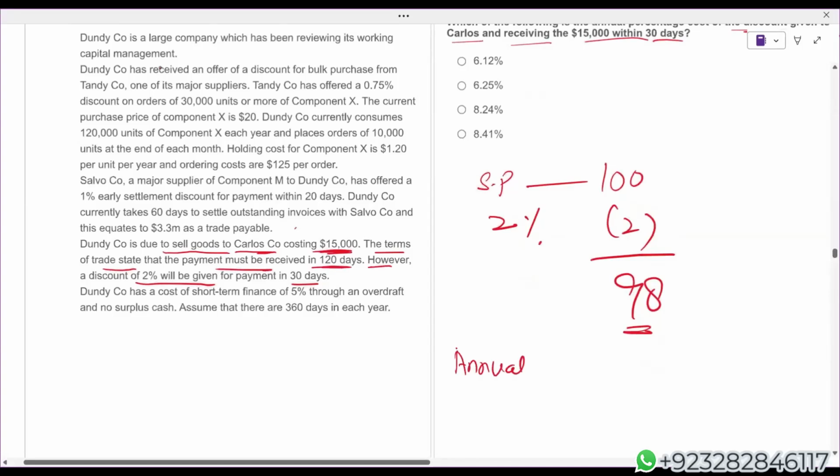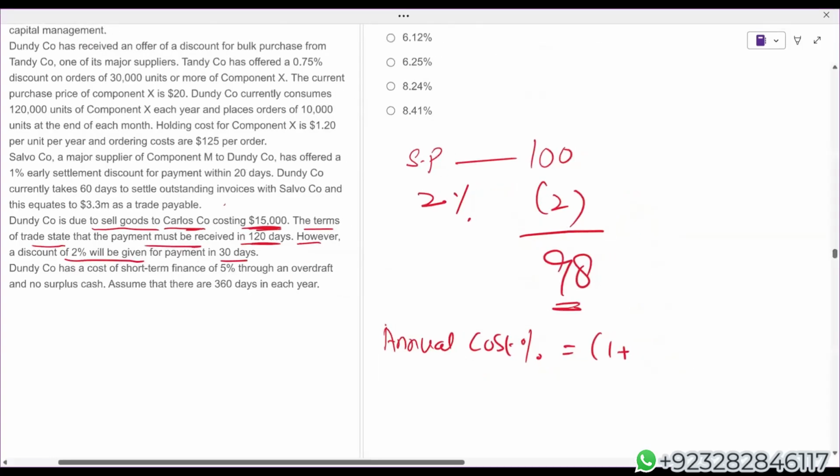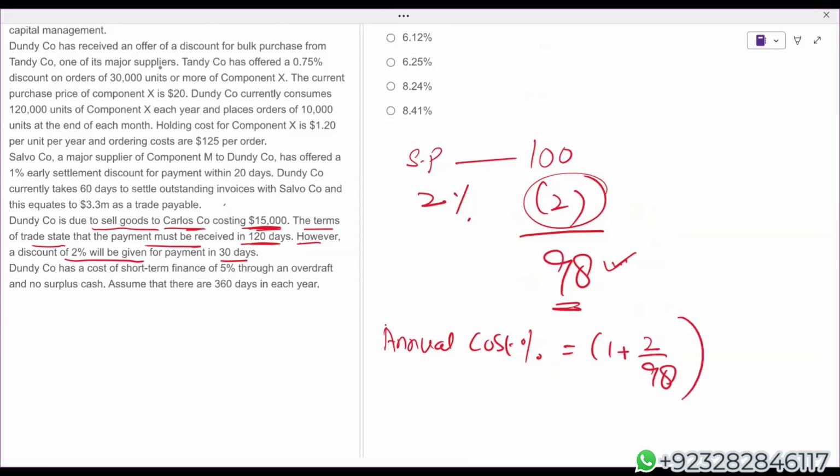I need to calculate the annual cost percentage of the discount, which is equal to 1 plus, I'll be getting 98 by giving a discount of $2.